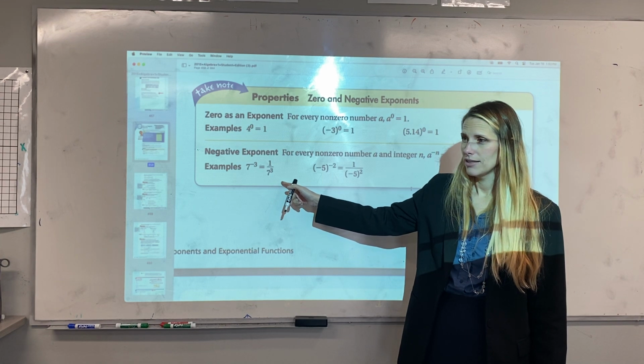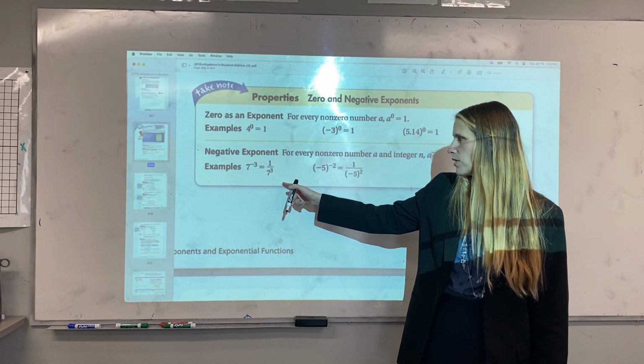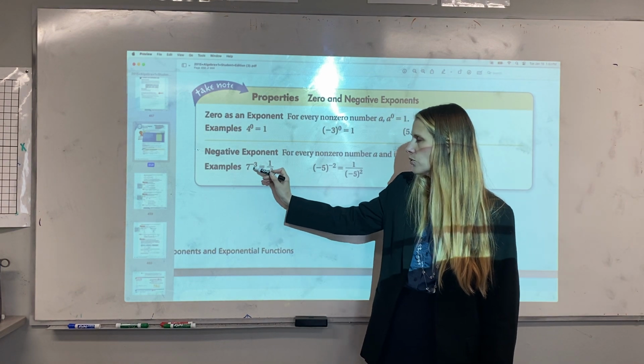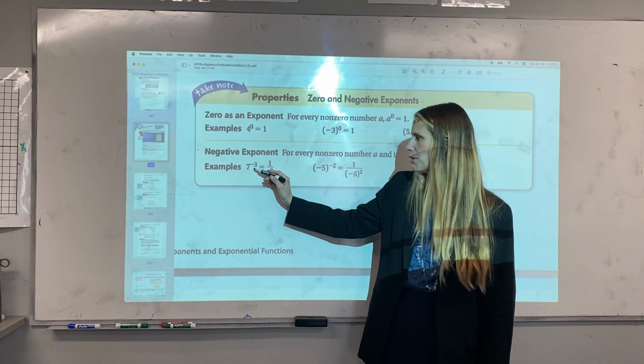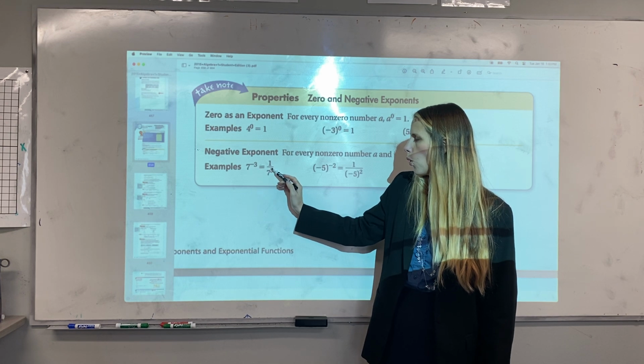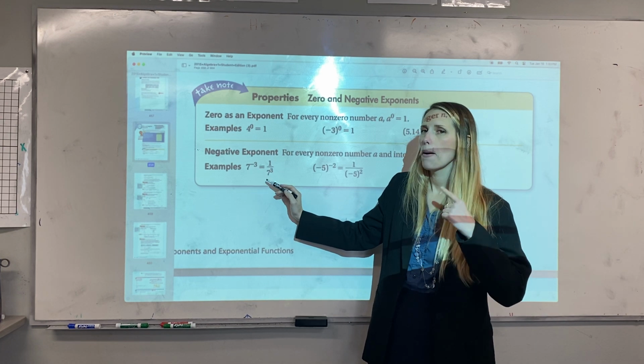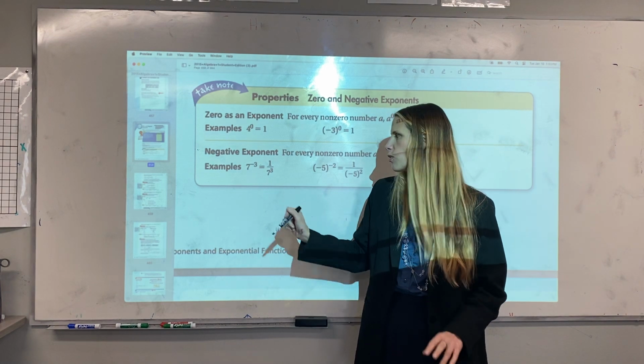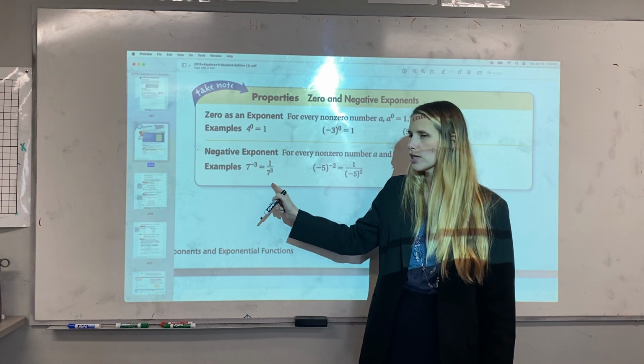It's going to learn its lesson. So 7 to the negative 3rd power simply becomes 1 over 7 to the positive 3rd power. All it's doing is switching from the numerator to the denominator.